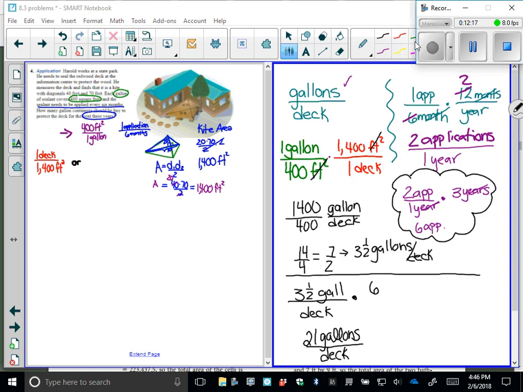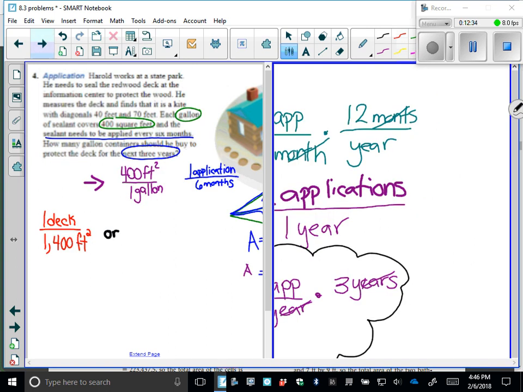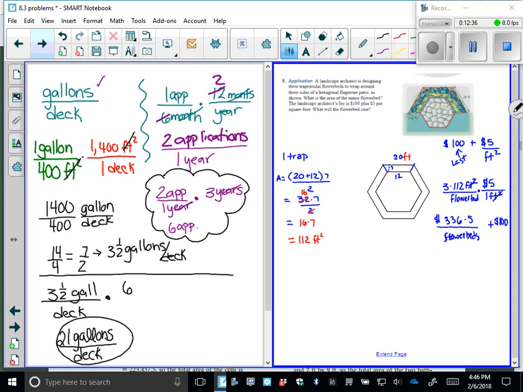So 21 gallons of sealant's needed, and that would take care of the whole deck for the 3 years.